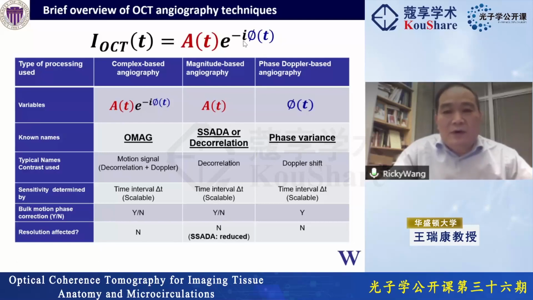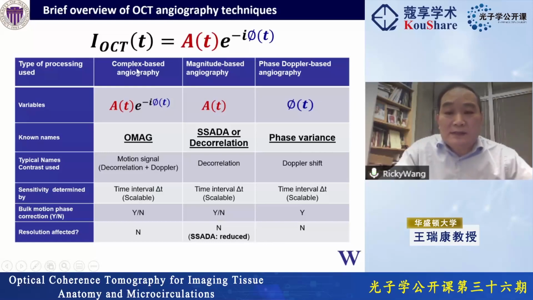Therefore, you can use different parts of this complex function to contrast the blood flow. In fact, there are 3 different categories of OCT blood flow imaging. One is to use the whole complex function to contrast the blood flow.